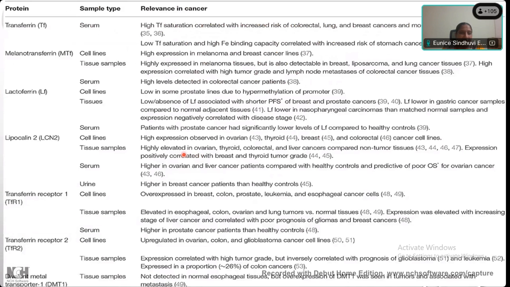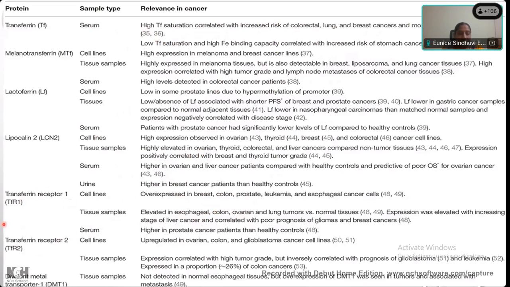So this is a table, a very busy table, but it shows the expression of transferrin receptor, which is high in breast cancer patients, and in various esophageal, colon, ovarian and lung tumors.